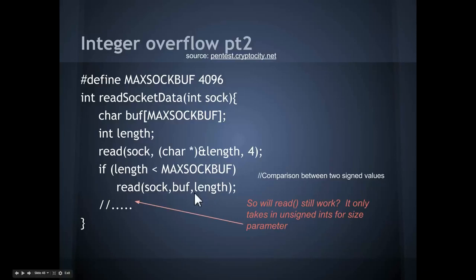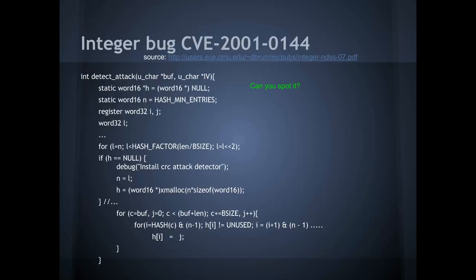So the question is, will read still work because this is a signed integer? And effectively, yes, it's going to get typecast to size_t, and so it's going to get used as an unsigned integer in the function. And that may be compiler dependent, but in most cases it's not.